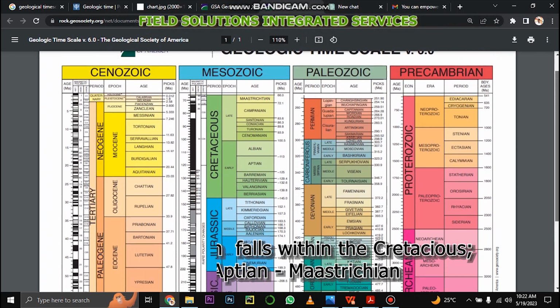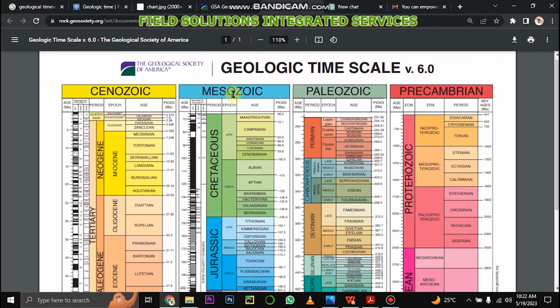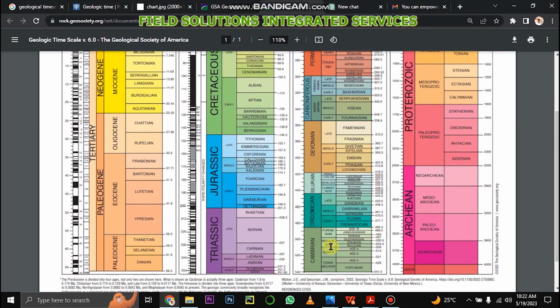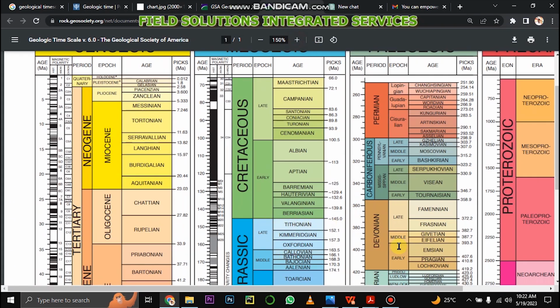So moving ahead, we still recognize the Paleozoic era as having six periods, which are called COSDCP, that is Cambrian, Ordovician, Silurian, Devonian, Carboniferous and Permian. Now Carboniferous is subdivided into Mississippian and Pennsylvanian.